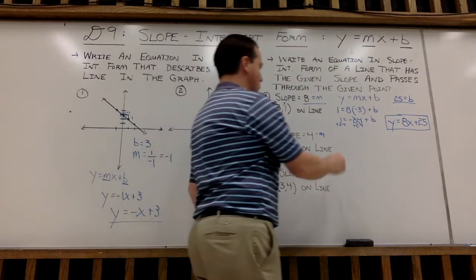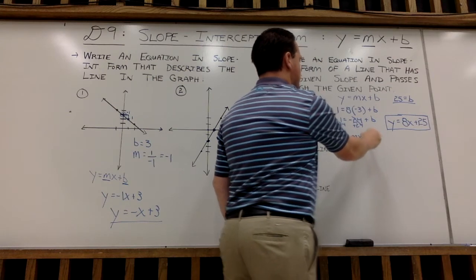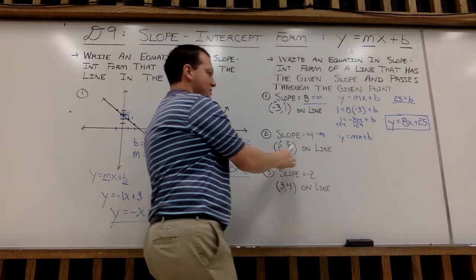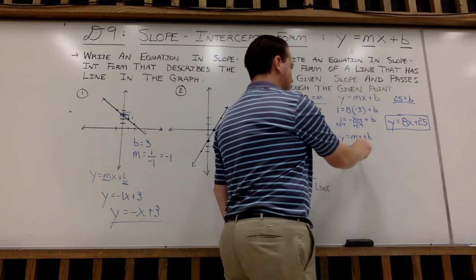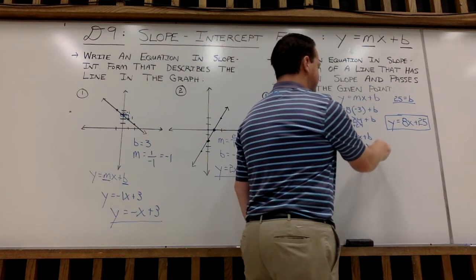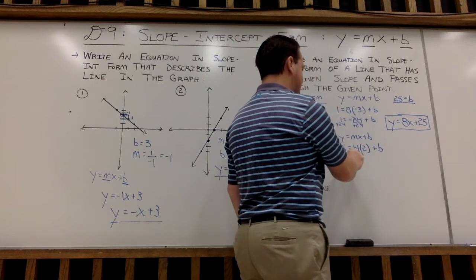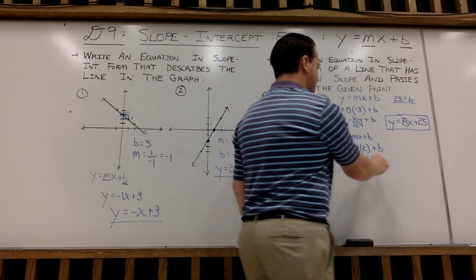So example 2. y equals mx plus b, y is 5, m is 4, times x is 2, plus b. 4 times 2 will give me 8, plus b.